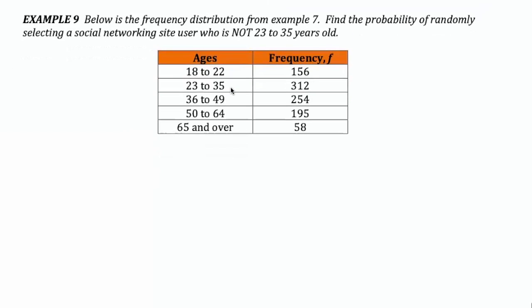So in example 9, we're looking at the same frequency distribution from example 7. So suppose in this instance, I want the probability of a person who is not 23 to 35. What our formula above for the complement says, if you want the probability that someone is not 23 to 35, you're going to find that by doing 1 minus the probability that somebody was 23 to 35.